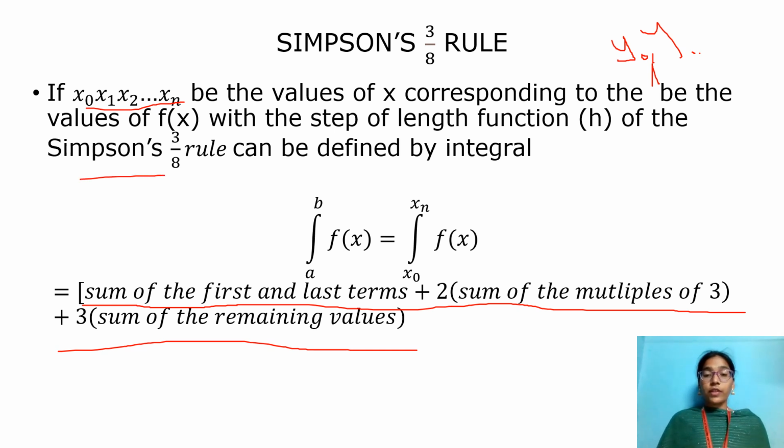The integral formula of the 3/8 rule is the integral from a to b of f(x), equals the integral from x0 to xn of f(x), equals the sum of first and last terms and the sum of multiples of 3 and the sum of remaining values. This is known as Simpson's rule.